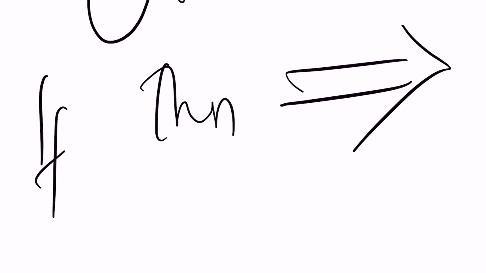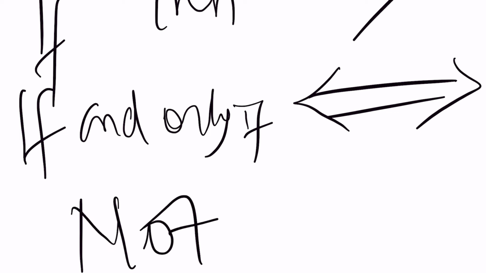If-then, which is an if statement, is represented as this. If and only if is represented as this, and not, which is the negation of a statement, is represented as this. This serves as the negation of the statement.